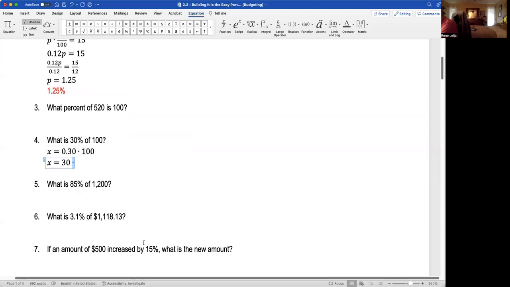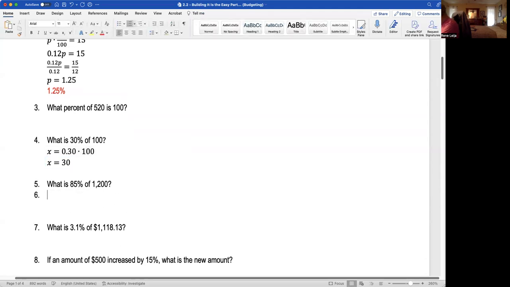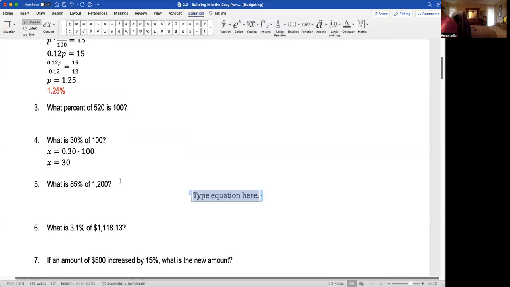All right. Now let's look at number 6. What is 85% of 1200? Well, we're going to do the same thing. What is 85%? So that's 0.85 of means to multiply 1200.